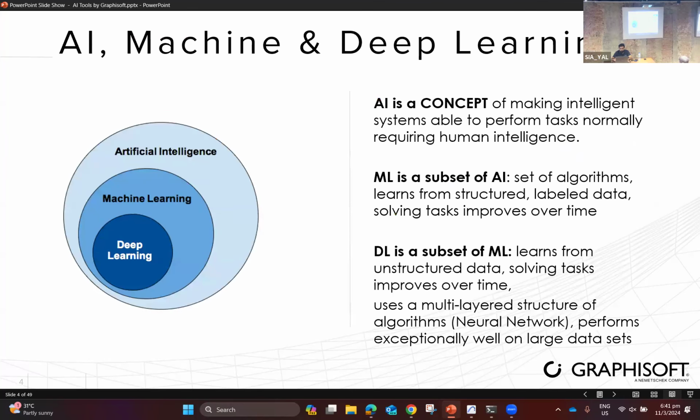Okay. So artificial intelligence is the whole concept where we can make the system perform specific tasks which require human intelligence, but can be performed using AI automatically. And machine learning itself is a subset of AI where we have structured data. Say for example, we can classify the data and then let the machine learn from it and then perform certain specific tasks.